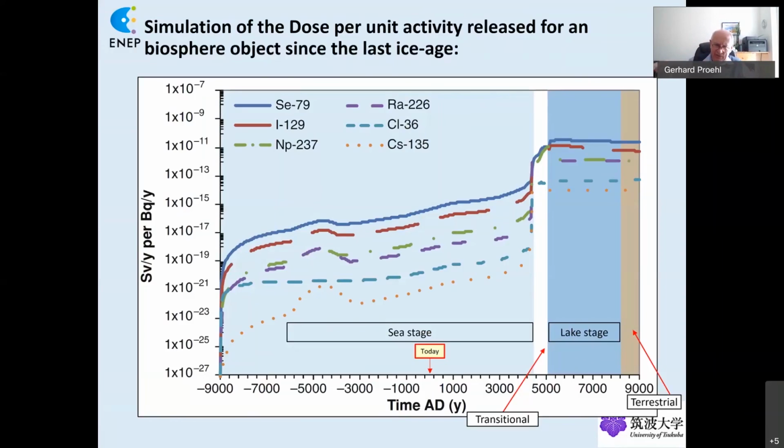And this is how these radionuclides enter at these different stages of the landscape. You also see that in the sea, the potential dose is relatively low. So the more critical landscape objects are the lake or the terrestrial areas.